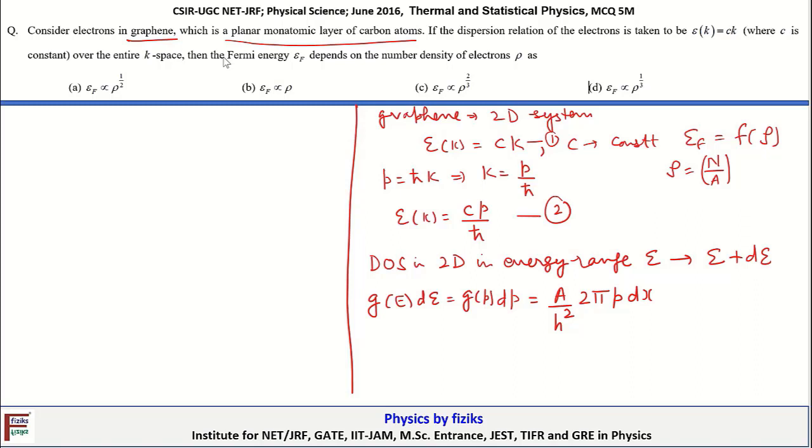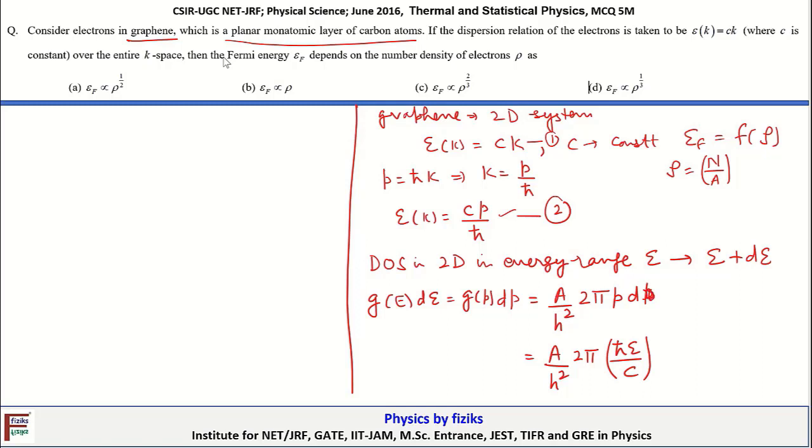Now what we are going to do is write P in terms of energy, and accordingly we will obtain an expression for the density of states in terms of energy. So A by h square as it is, multiplied by 2 pi, and now P is equal to, from this relationship, E h cut by C. So I am going to replace this with h cut E upon C, and then 2 pi P dP, sorry, it should be dP.